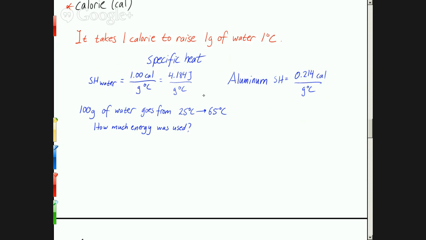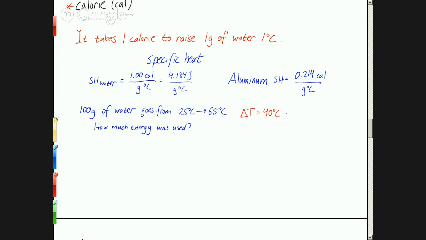Yeah, we need to find the difference in temperature, which we often denote with a triangle. Triangle means difference. It's the Greek letter delta, but we can call it a triangle. The temperature change in this case is 40 degrees, right? Going from 25 to 65 is a difference of 40 degrees.